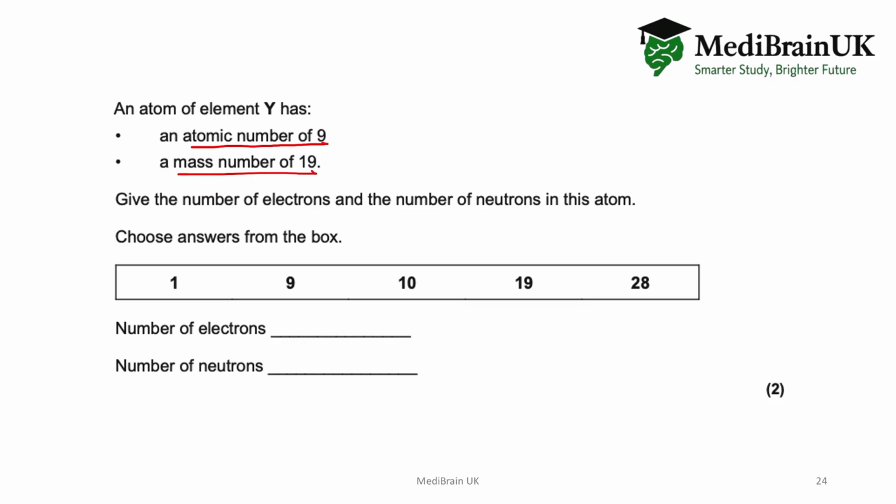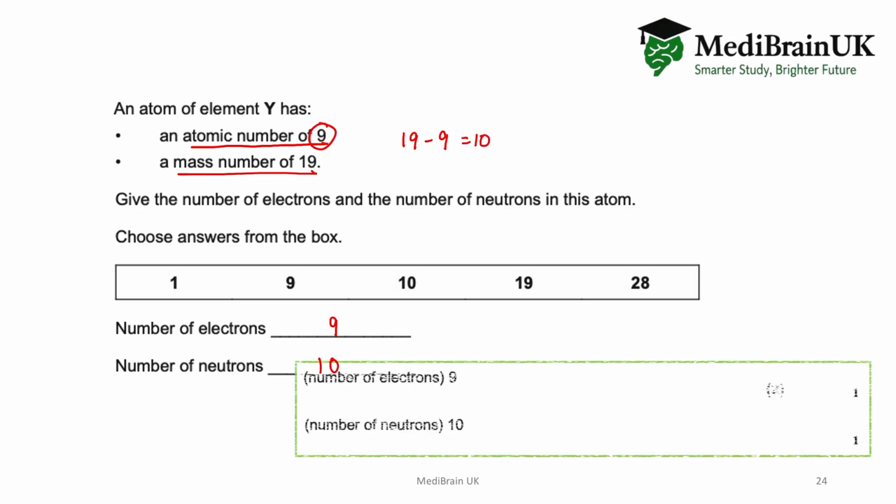The number of electrons is just the atomic number, that's 9. The number of neutrons is the mass number subtract the atomic number, the top number subtract the bottom number, so 19 subtract 9, and that's 10. So we have 9 electrons and 10 neutrons.